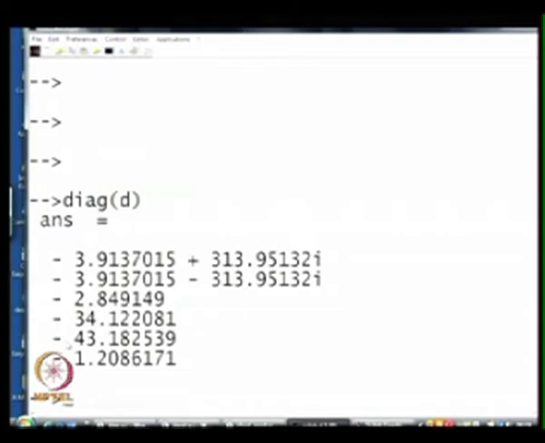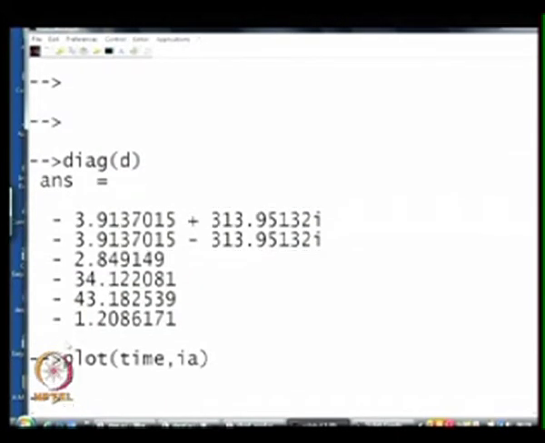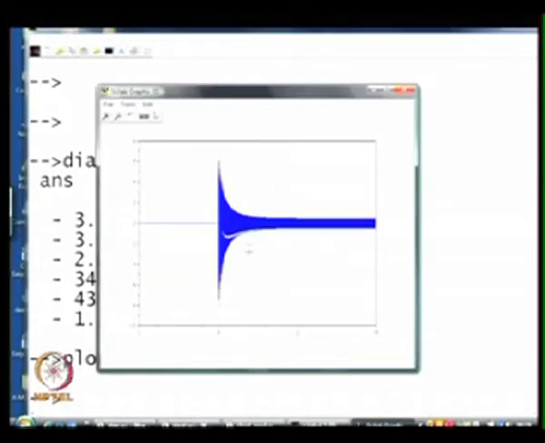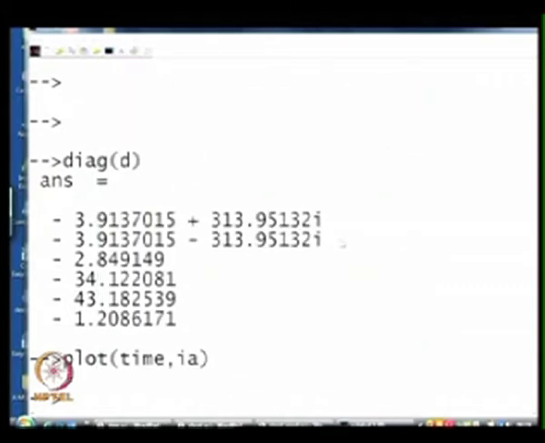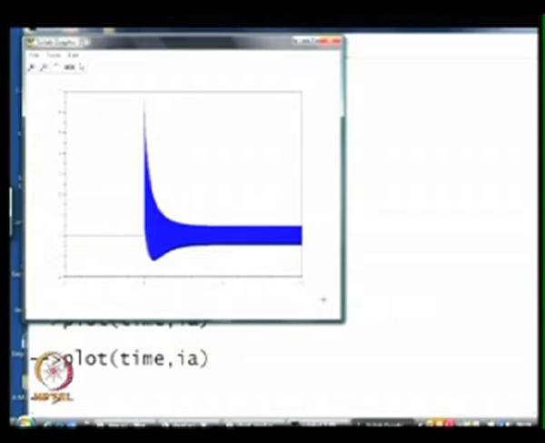So in fact, if you plot IA, which is the phase current, you will find that, remember, this is the phase current.